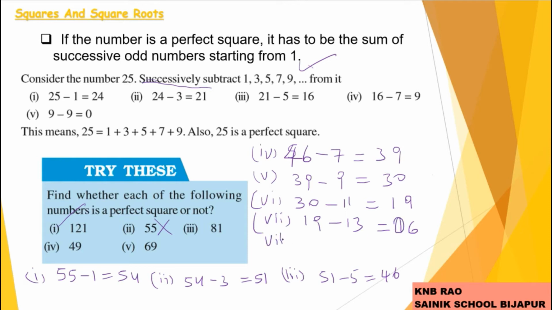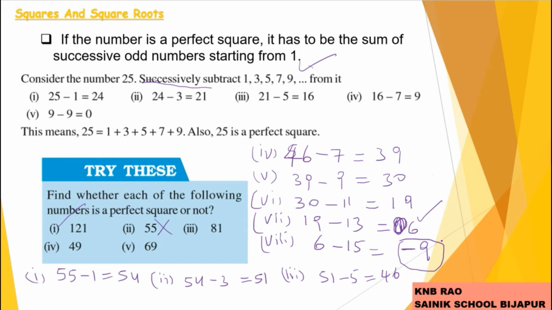And in the eighth step, 6 minus 15 gives us minus 9. So we can say clearly the given number 55 is not a perfect square because we are not getting 0. If you subtract 6, it becomes the sum of the first 7 odd numbers, that is 49.